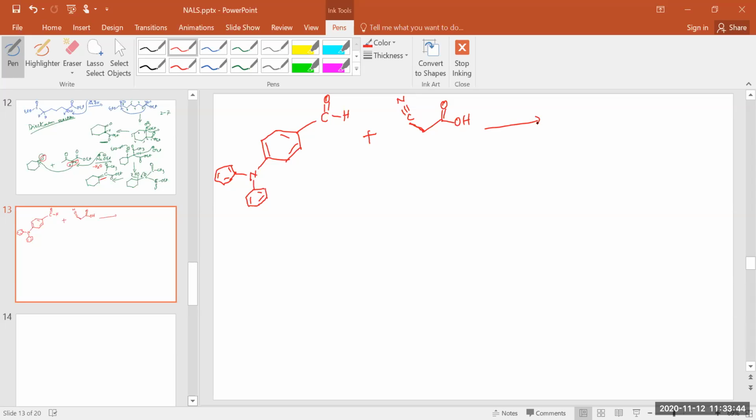So we used to take a piperidine base. Okay, this is the base. So what will happen? The base will take this proton, this will react here. Okay. And then after the conjugate base and then elimination, the product formation will be like this.